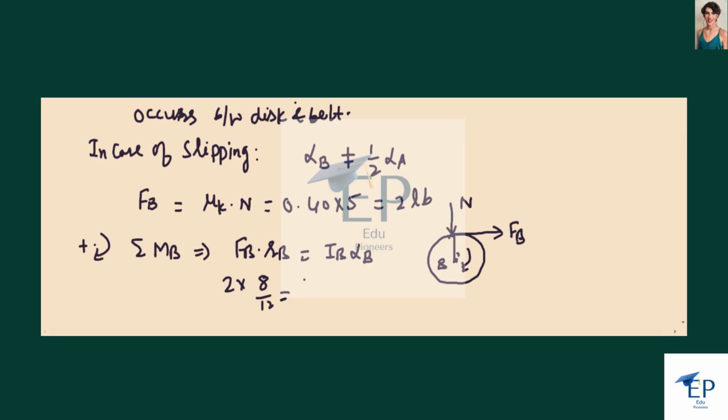Moment of inertia: mass mr square, weight is 20, that is 20 by g, into radius 8 by 12 square into alpha B.